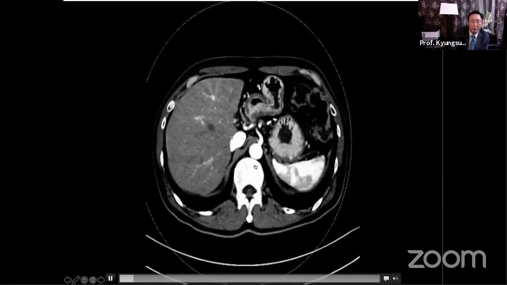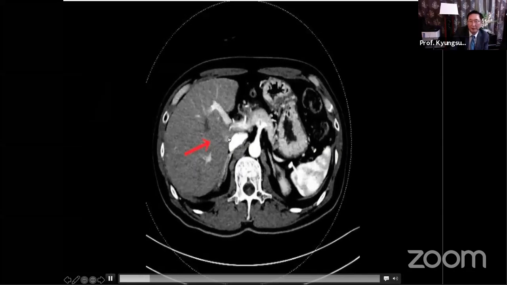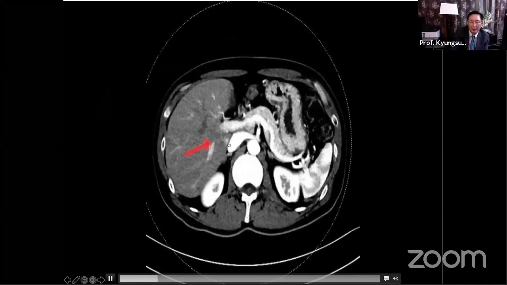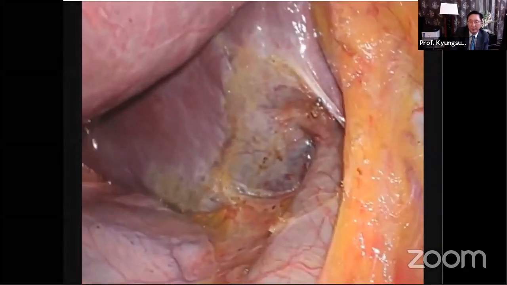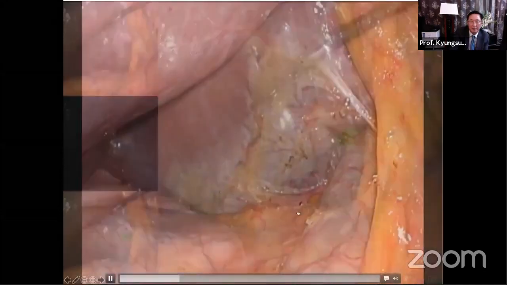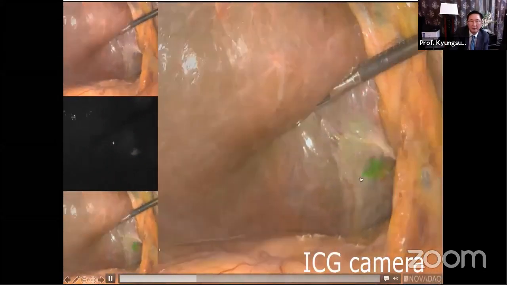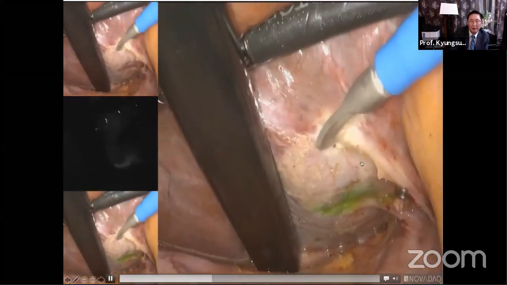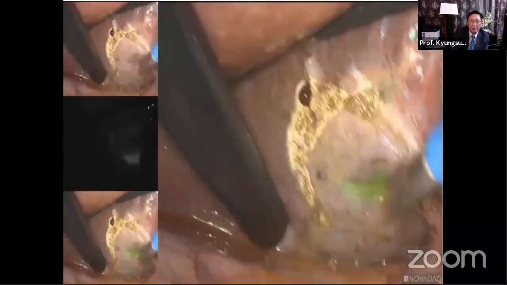In this case, the tumor is in the caudate, very difficult to operate, difficult to find, and difficult to apply any other treatment. If you dissect a little bit and look through the ICG camera, you can find the tumor very easily, confirm with ultrasonography, and then mark a safe margin, a sufficient margin.